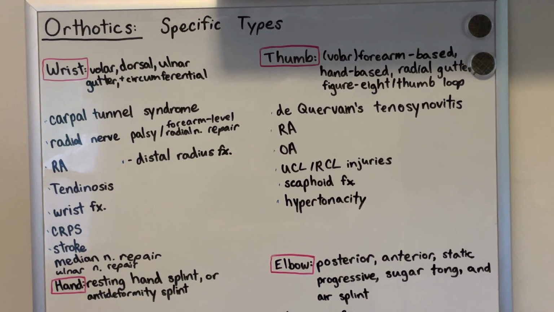But with RA at the wrist, the goal is to gradually increase the range of motion of wrist extension to 30 degrees. RA is one of those things where you want to focus on comfort, but not to the extent of CRPS, as we'll talk about in a moment. But just be careful with it.